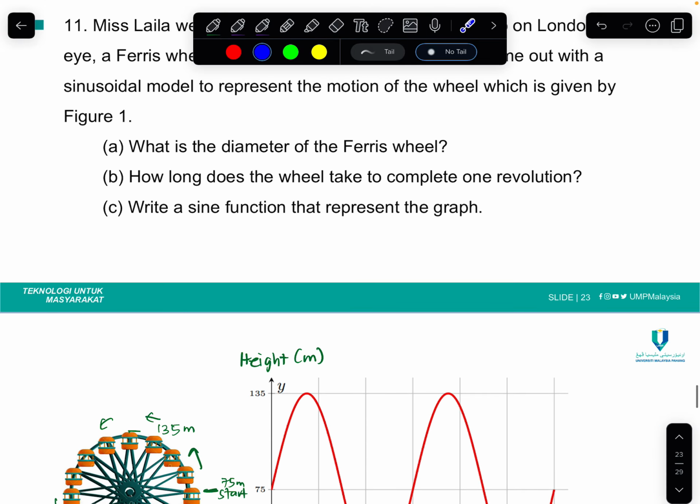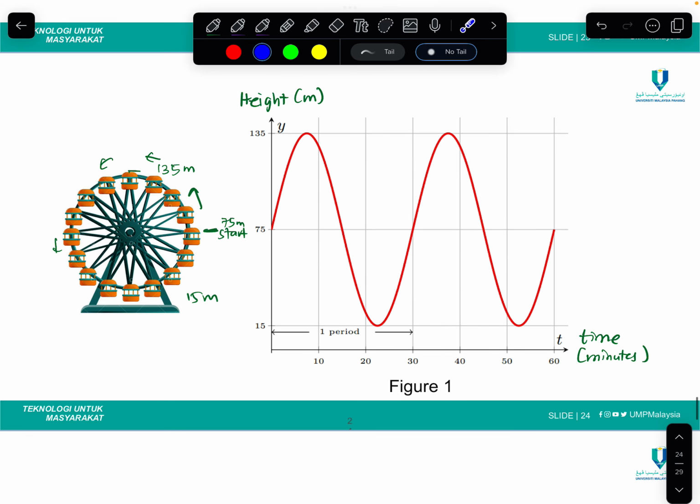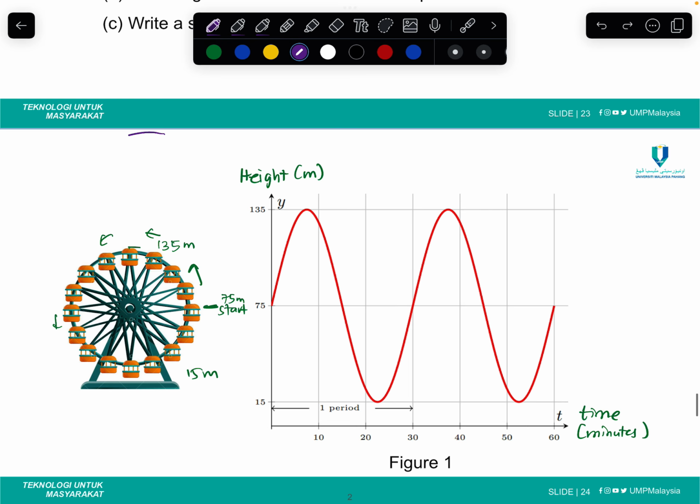And you have to answer the following. What is the diameter of the Ferris wheel? The Ferris wheel is a circle. What is the diameter? In a circle, the diameter is the measurement from end to end, and it crosses the middle point. So how can we find the diameter?